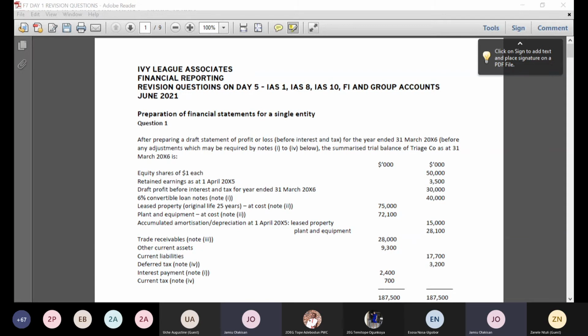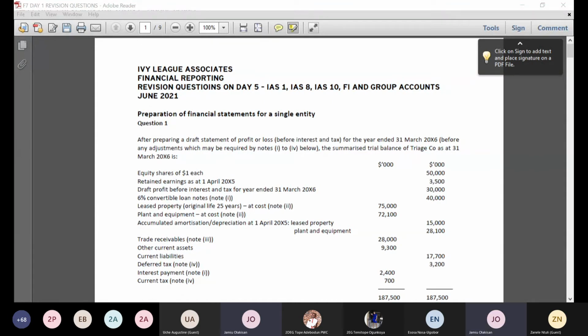If you have got government grants and you want to know how to account for them, you turn to IAS 20. That is what we mean by selecting accounting policy based on the relevant accounting standard. Are we together?